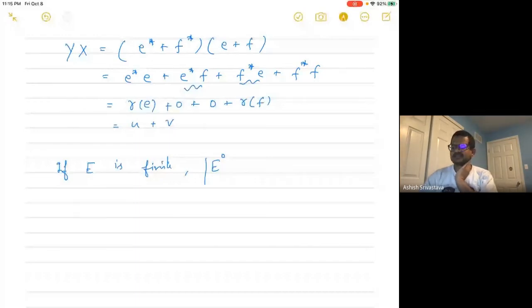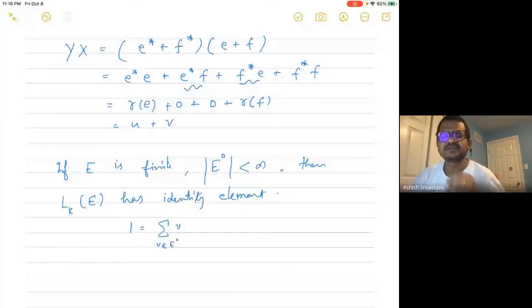In that case, the Leavitt path algebra over E is a unital ring, and not too surprisingly, that identity element 1 is just the sum of all the vertices. That is not too difficult to check.